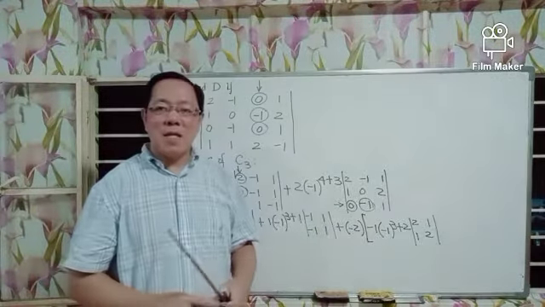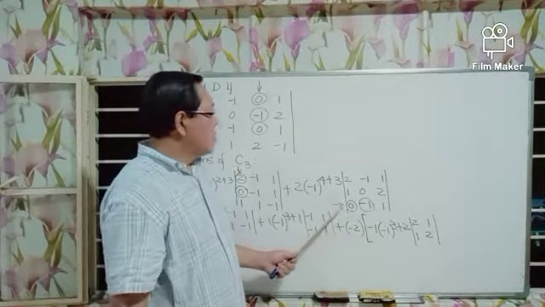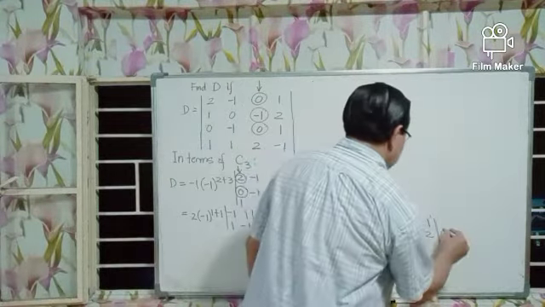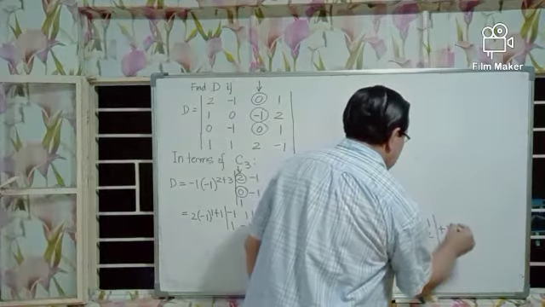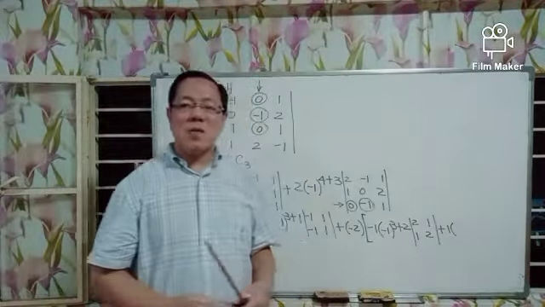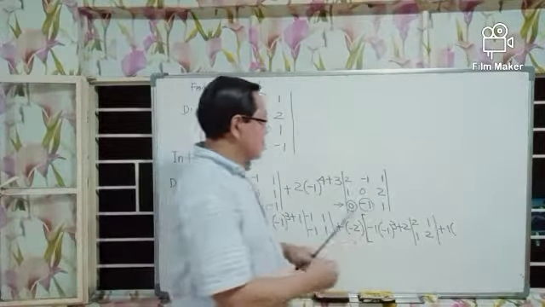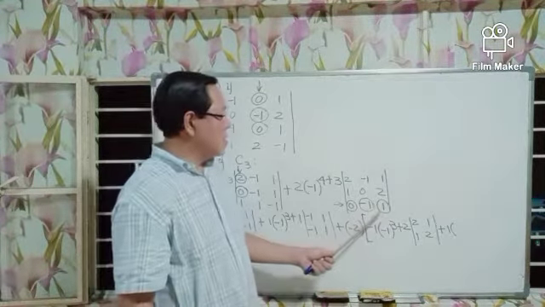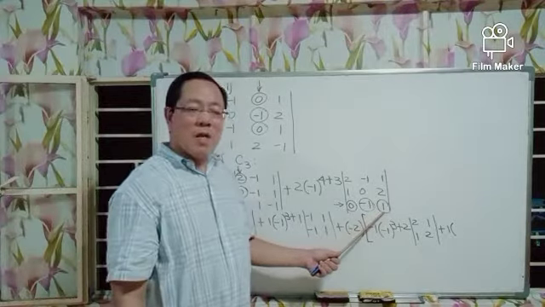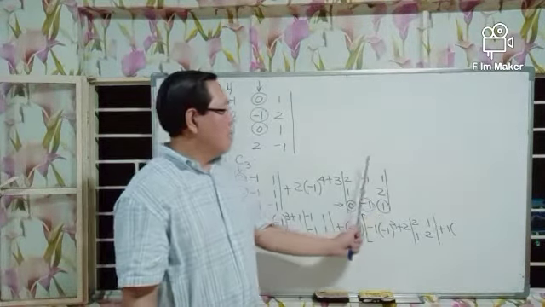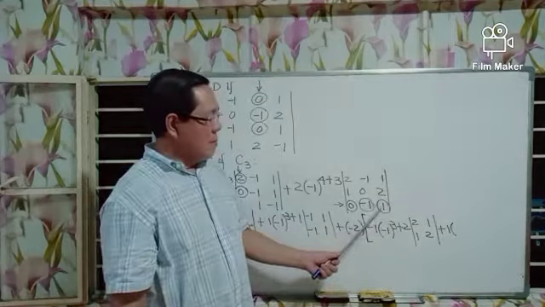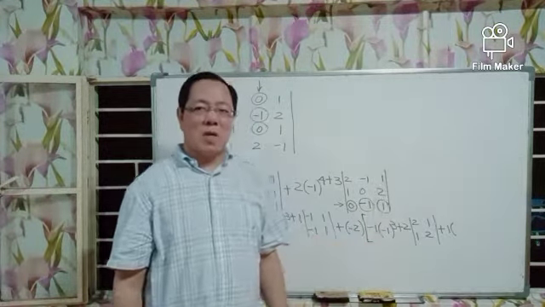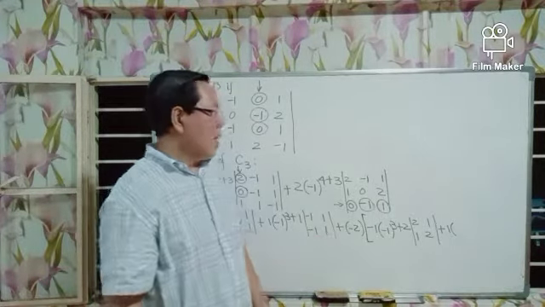And the last entry in row 3 is 1, multiplied by its cofactor. Cofactor of 1 is negative 1 raised to 3 plus 3, because the row number of 1 is 3 and it belongs to column 3, so its column number is 3.